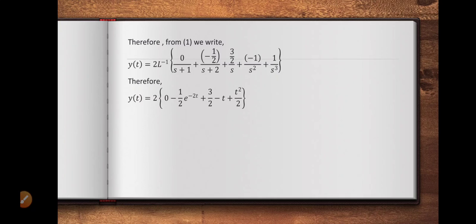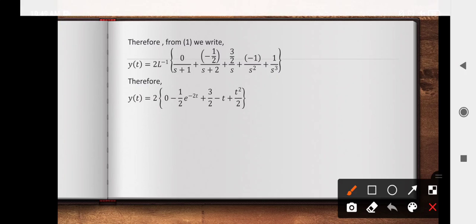So 2 into bracket 0 minus 1 by 2 e raised to minus 2t, as L inverse of 1 upon s plus 2 is e raised to minus 2t. Here you are having only 1 upon s, its L inverse is 1. L inverse of 1 upon s square is t simply, and L inverse of 1 upon s cube is t square by 2.